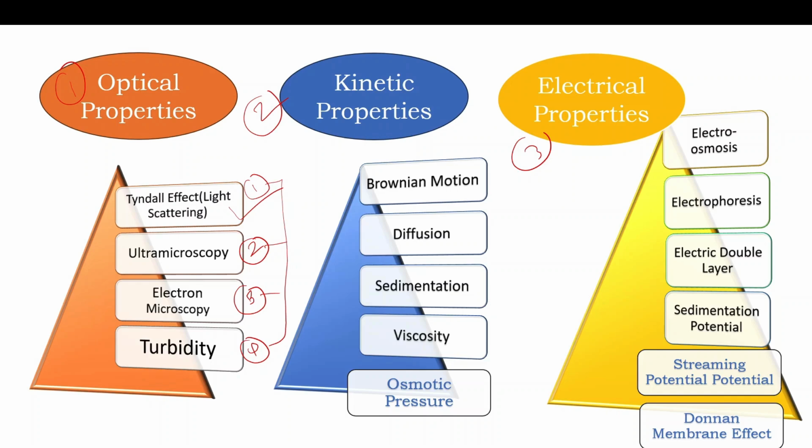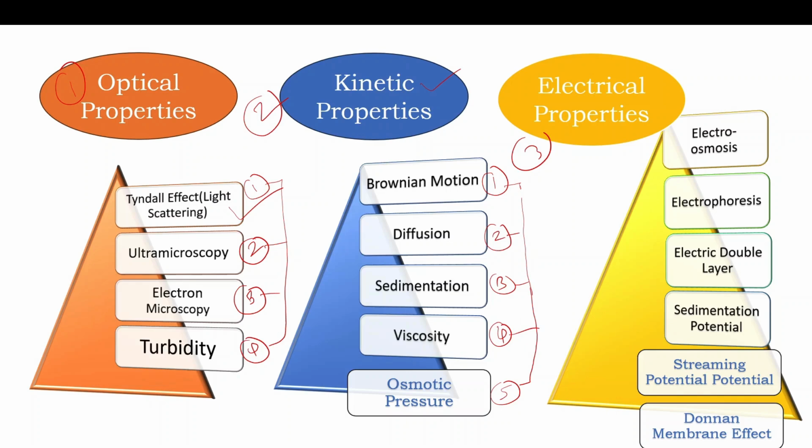In the kinetic properties, the first one is Brownian motion, second is diffusion, third is sedimentation, fourth is viscosity, and fifth is osmotic pressure. So these are the five properties in the kinetic properties of the colloids.